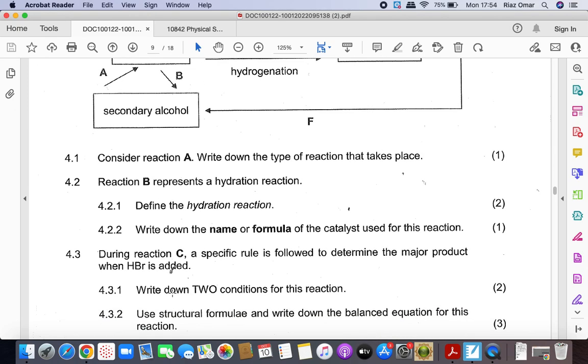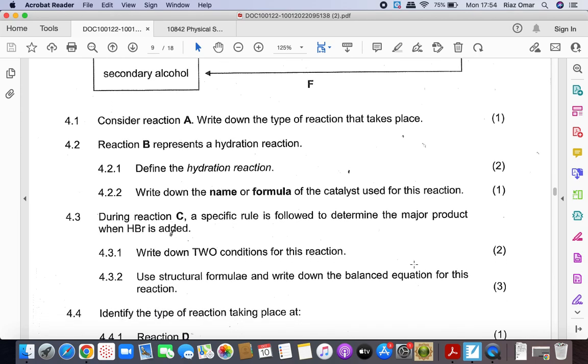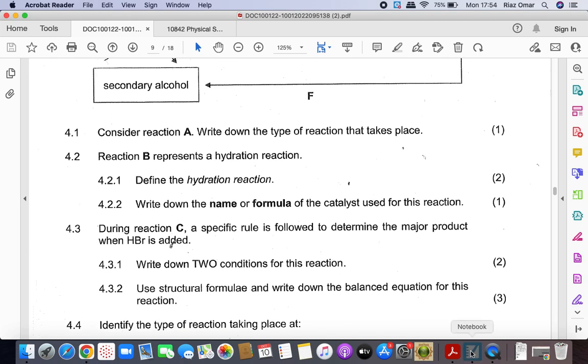Use structural formula and write down the balanced equation for this reaction C. So we've got propene plus HBr. Let's write that down. 4.3.2.